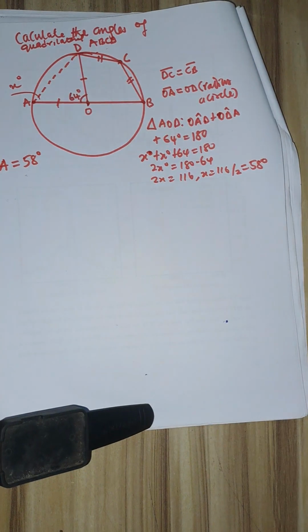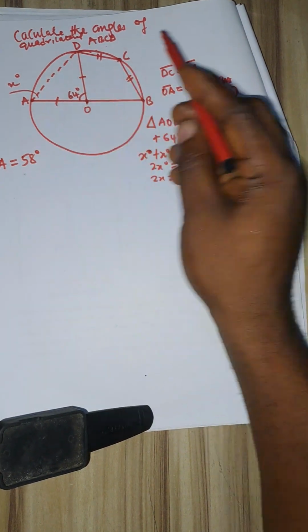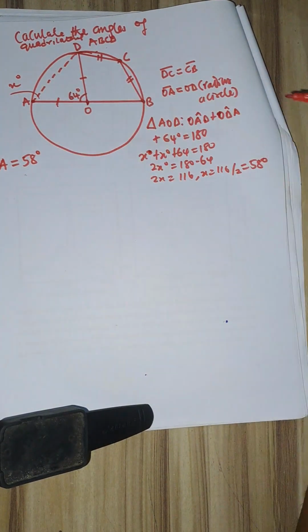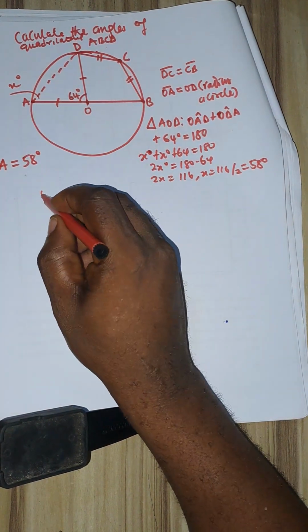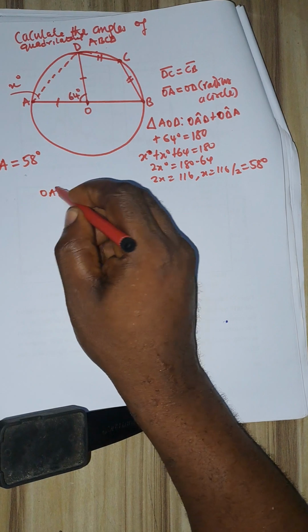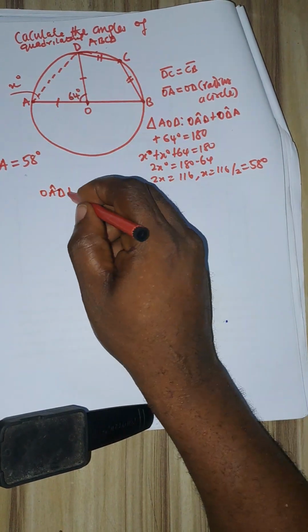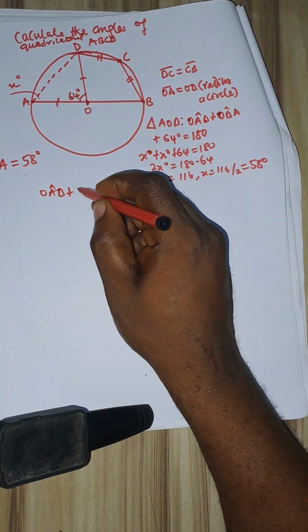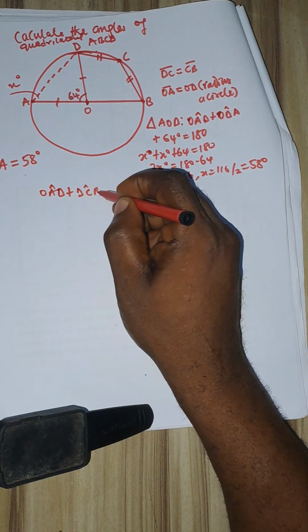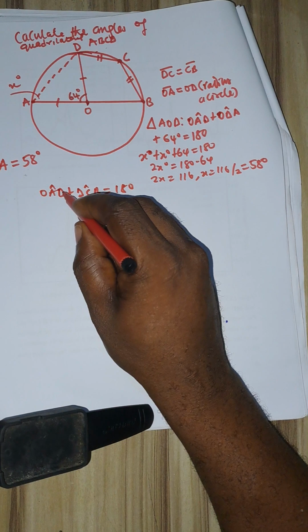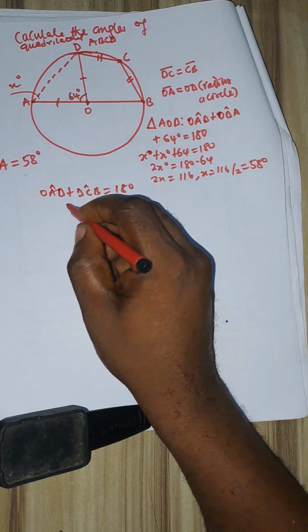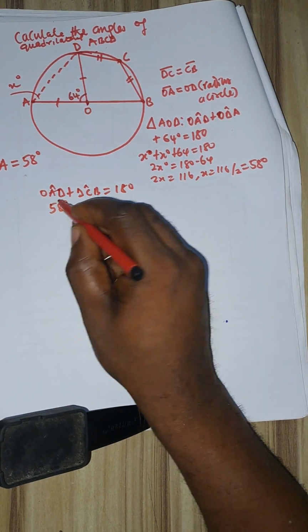Now, ABCD is a cyclic quadrilateral. Therefore, opposite angles are supplementary, or opposite angles add up to 180 degrees. What it means is that this angle OAD plus this angle DCB is 180 degrees. OAD is 58. We've calculated it, 58 degrees.